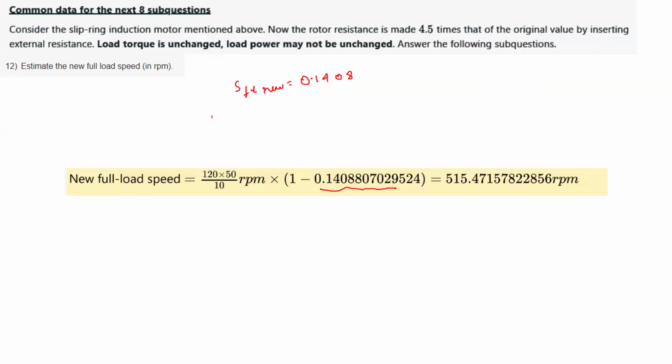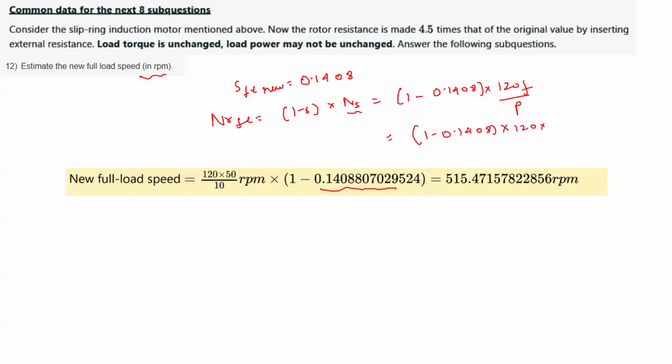So NR full load is (1 minus S) times NS. So this is 1 minus 0.1408, and this is in RPM. In RPM means you have to use 120 F by P to get the synchronous speed. So this is (1 minus 0.1408) into 120 into F.